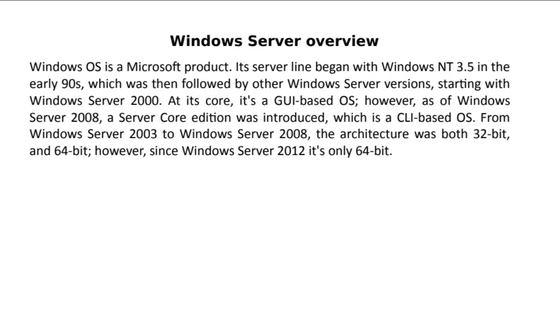So you enter commands. You have to know the commands, it's not graphical, so it's not very user friendly. But we will talk about the advantages of the core later on. Then we had Windows Server 2003 and 2008, and they were both 32-bit and 64-bit. Windows Server 2012 is 64-bit.